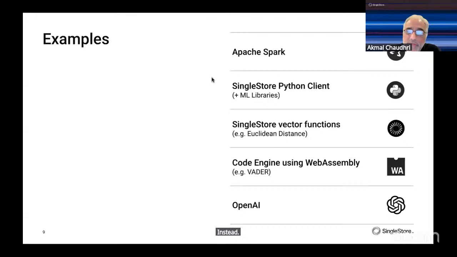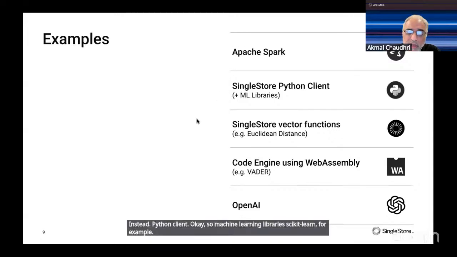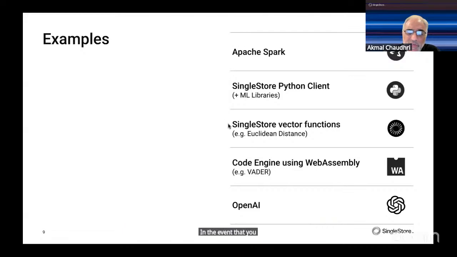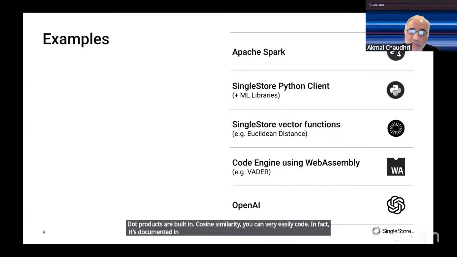Python client, machine learning libraries, scikit-learn, for example, is a good one. In the event that you want to work with the vector functions, Euclidean distance and dot products are built in. Cosine similarity, you can very easily code. In fact, it's documented in the product documentation how you could just write some SQL code to achieve that.